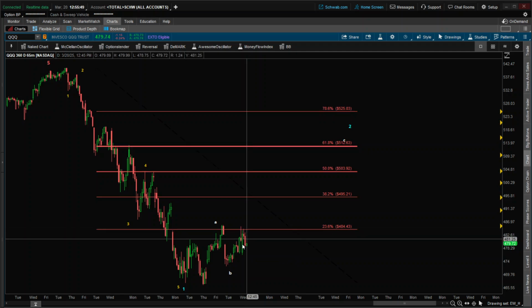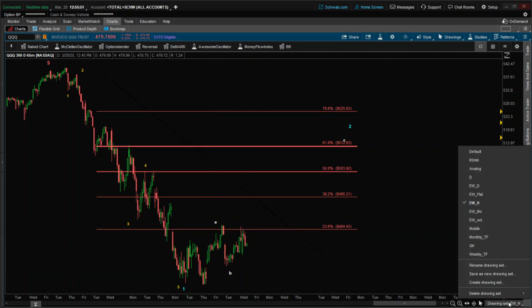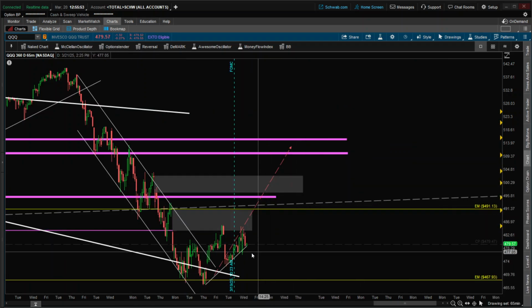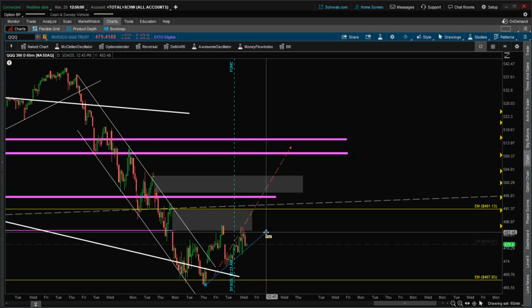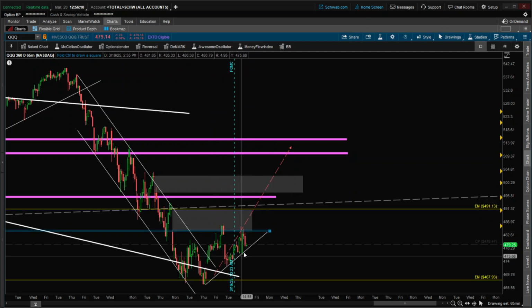And again, I think we're forming this positive structure. We shouldn't see price violate this trend line. As a matter of fact, you can probably call it, and I will call it, an ascending triangle at this point. So we have good resistance here, and we have the trend line here.